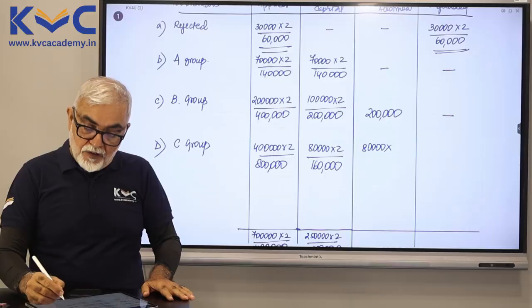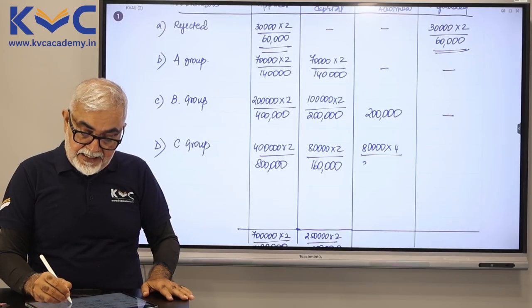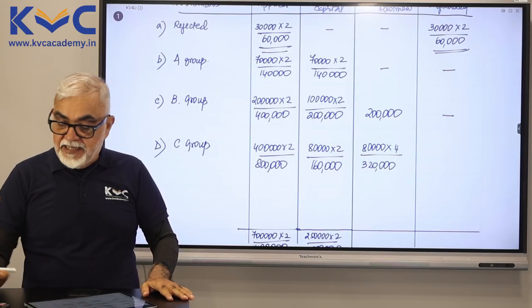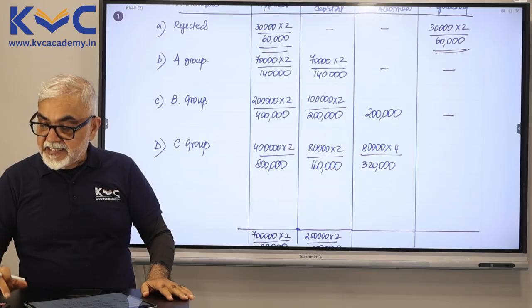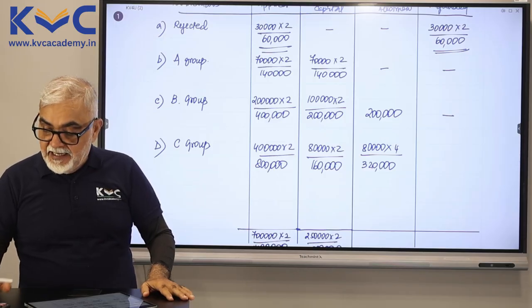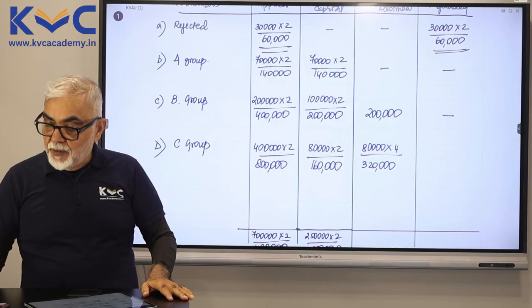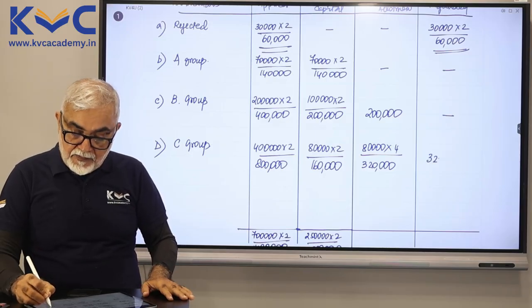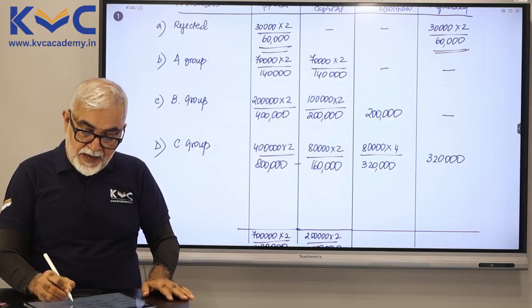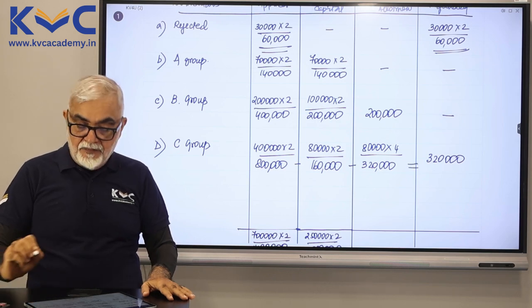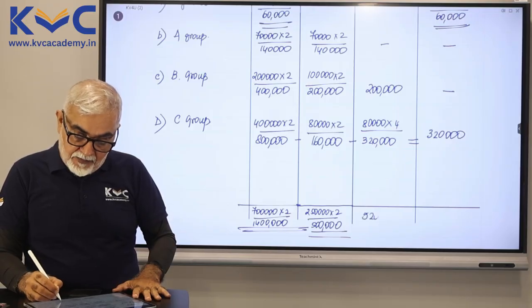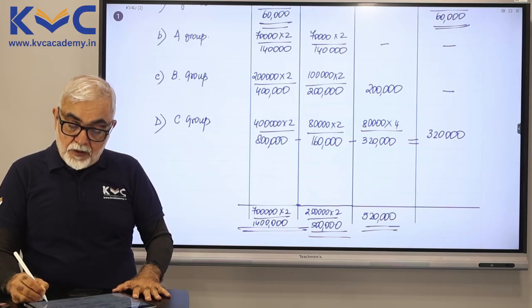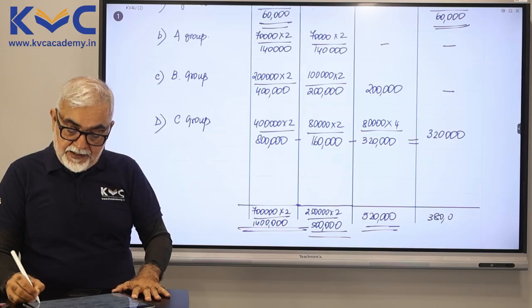That is 3,20,000. Now the extra money, 8 lakh minus 1,60,000 minus 3,20,000. You are going to refund. This minus this equals to this. Now the total here is 5,20,000. The total here is 3,80,000.